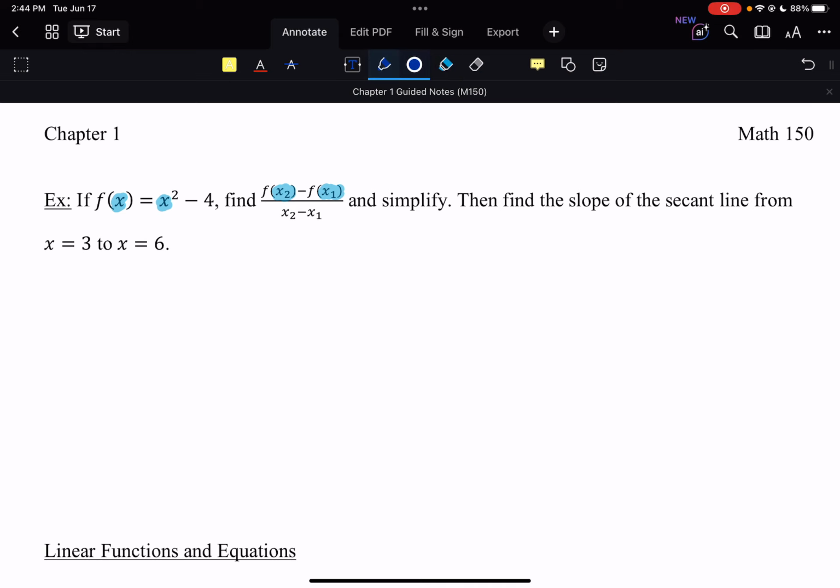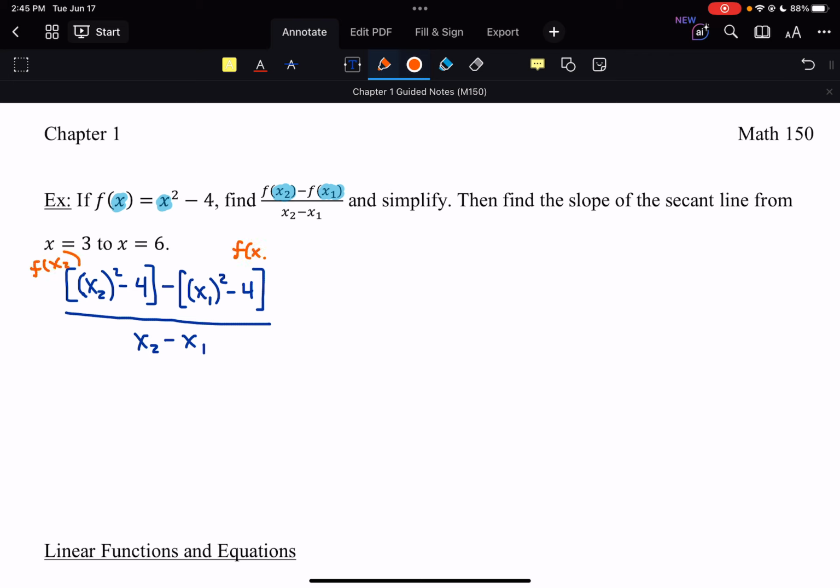So we're going to have x2 squared minus 4, minus x1 squared minus 4, all over x2 minus x1. So again, this is f of x2, this is f of x1.